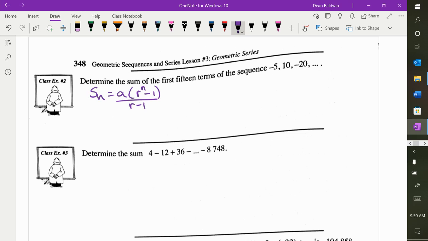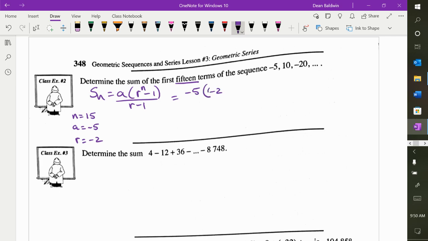We need to know A, r, and n. We know n is 15, the number of terms. What's A? -5. What's r? -2. You just plug it in the formula, and it'll spit out the answer if you punch everything in correctly.